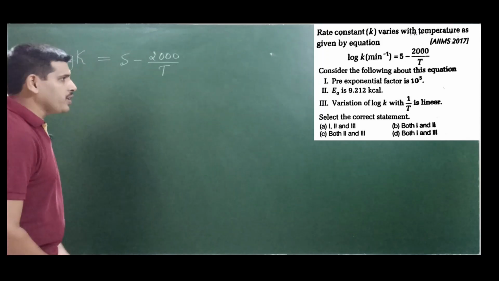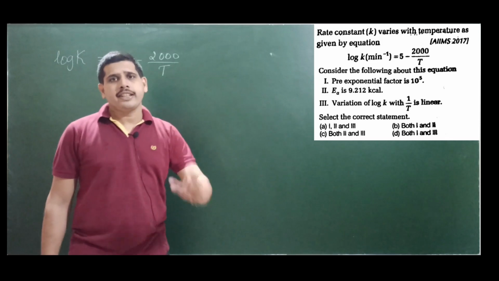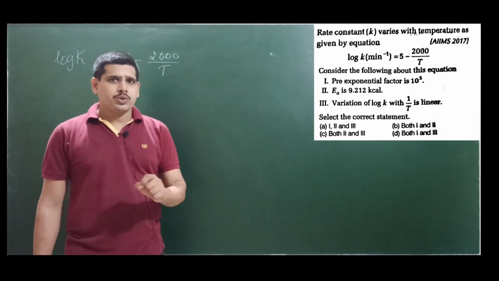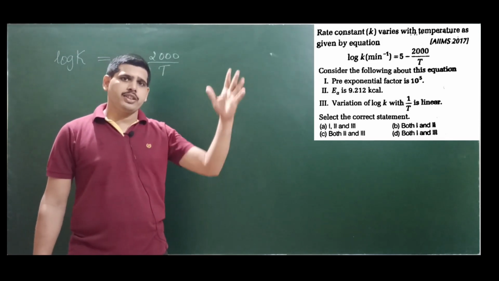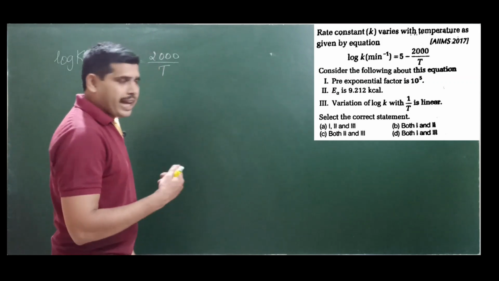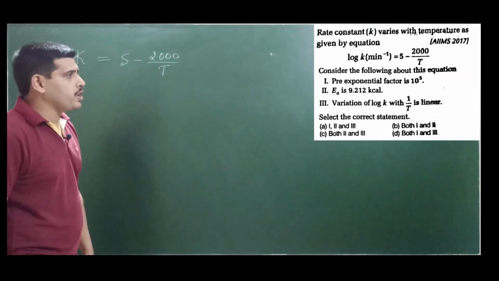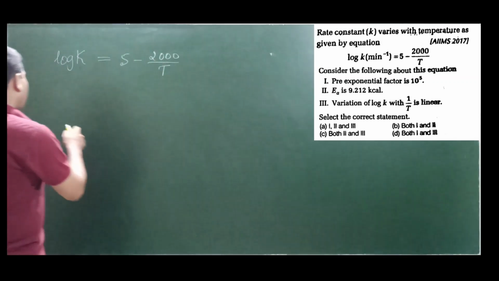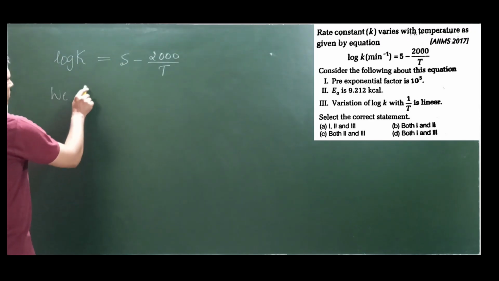So what we do is we go for the Arrhenius equation, which explains the variation of rate constant with the temperature.